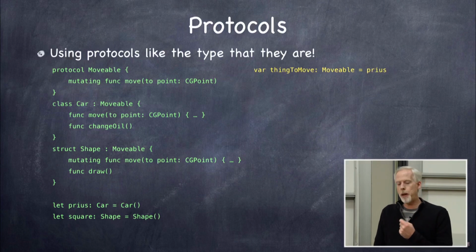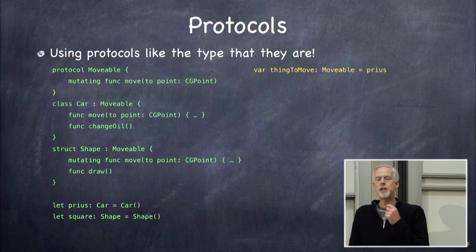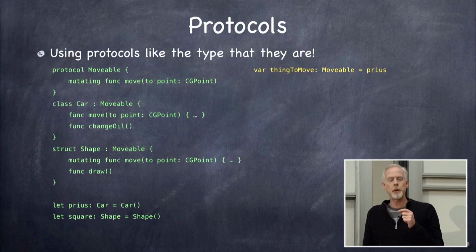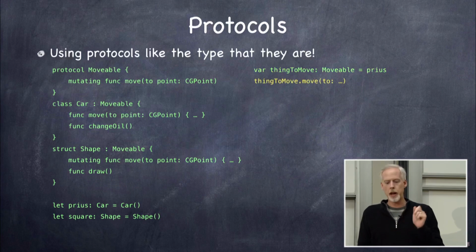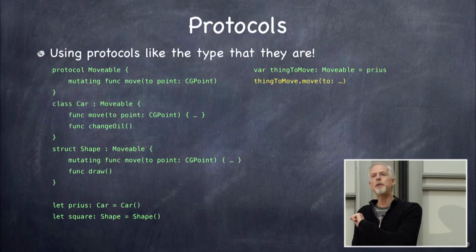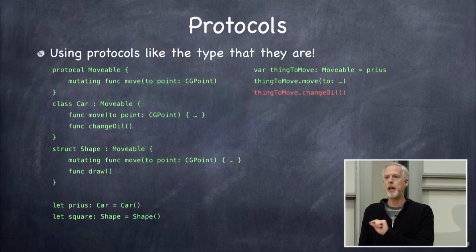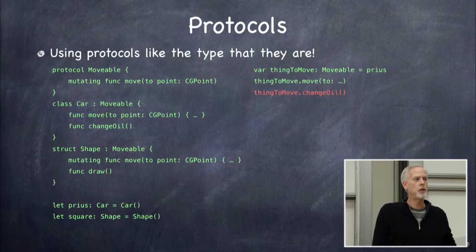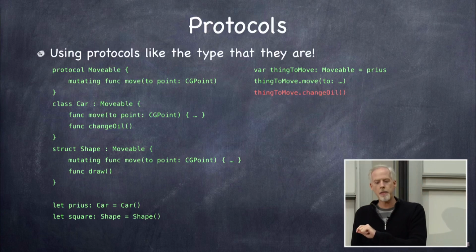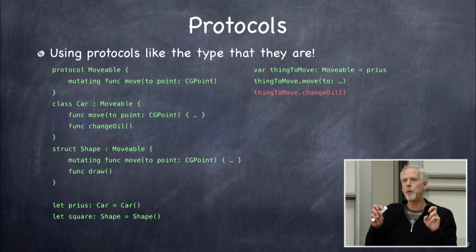But this has made a variable that is not of type Car, or something like that. It's of type Movable. So I can send messages like thingToMove.moveTo. That's perfectly legal, but I cannot say thingToMove.changeOil. Even though a Prius is a car and a car implements changeOil, do you see why I can't send that to thingToMove? Because thingToMove is a Movable.